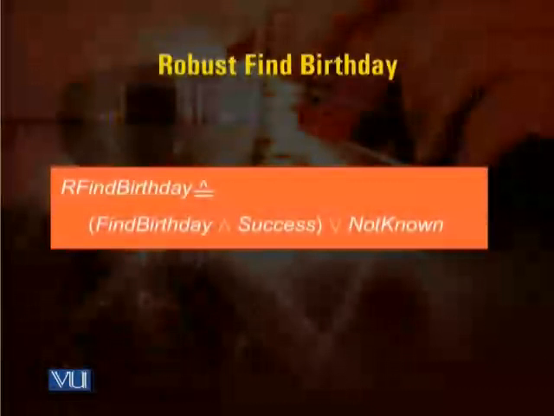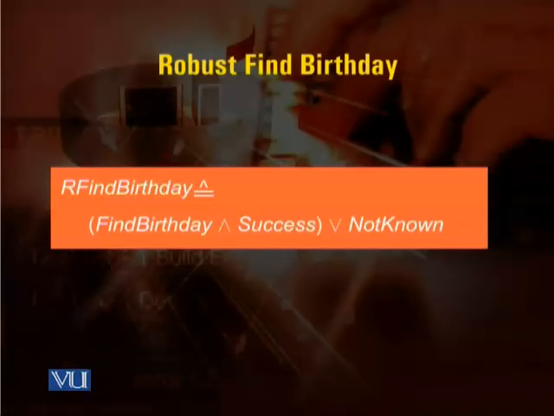So here is the robust find birthday. This robust find birthday is RFindBirthday equal, with a small hat on the equal sign. This is find birthday and success or not known.